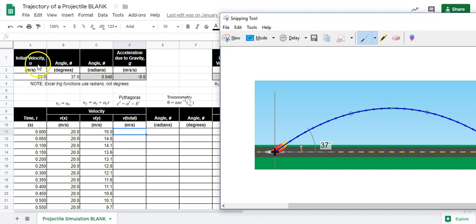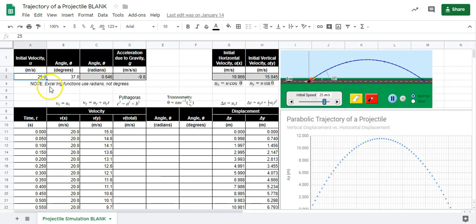So in the spreadsheet, we can see that the initial velocity is 25. So we've broken down that initial velocity into its horizontal and vertical components.